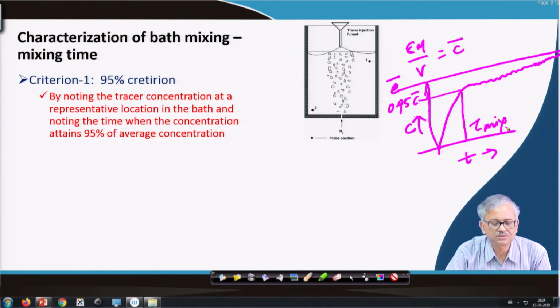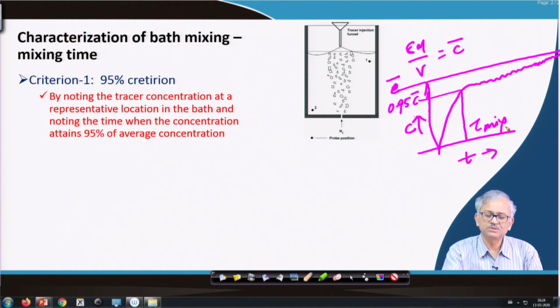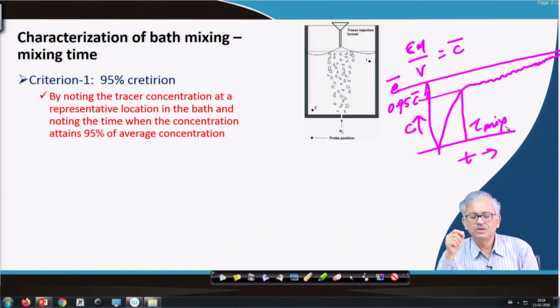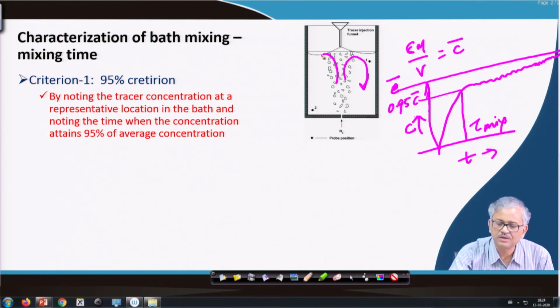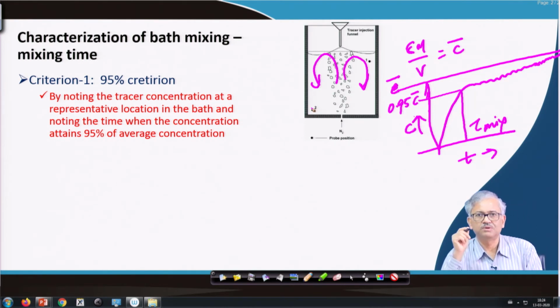By noting the tracer concentration at a representative location in the bath, and I am calling it representative because you should choose a place where the mixing time is maximum. For example, if you measure the value at point 2, the liquid is likely to be less moving there, so the mixing time will be maximum.